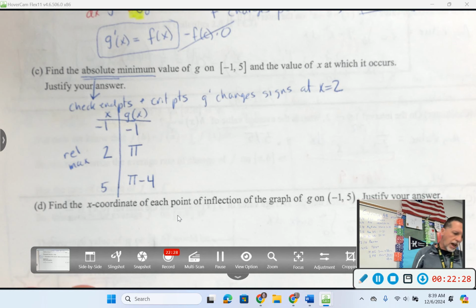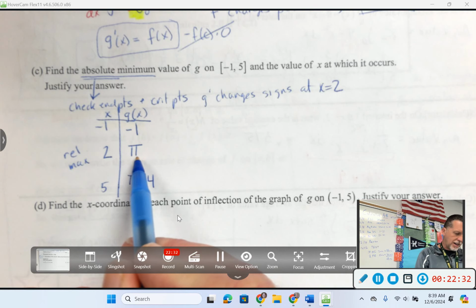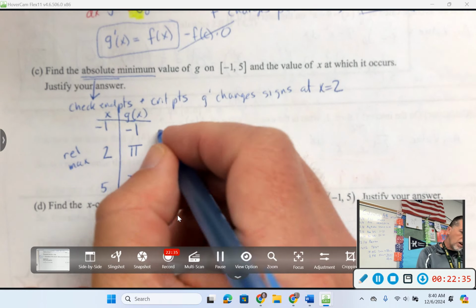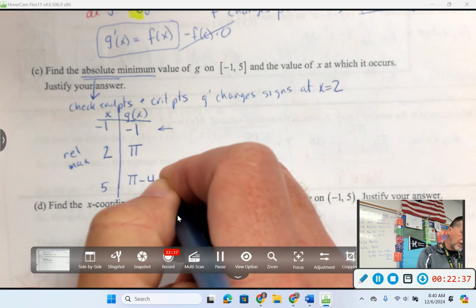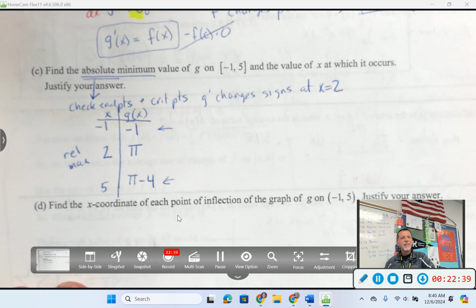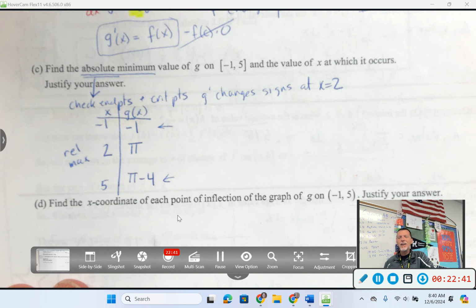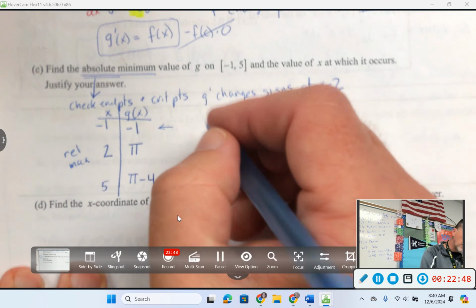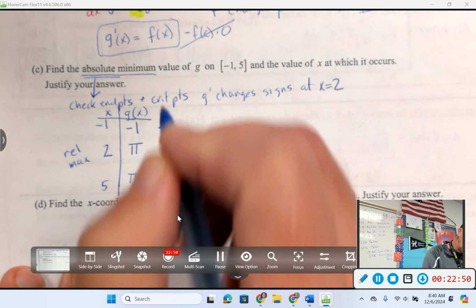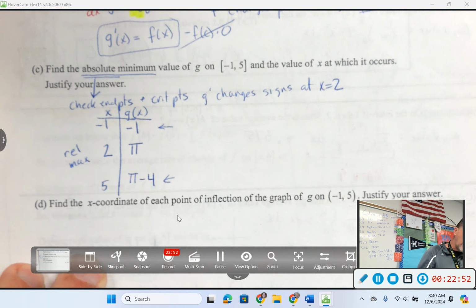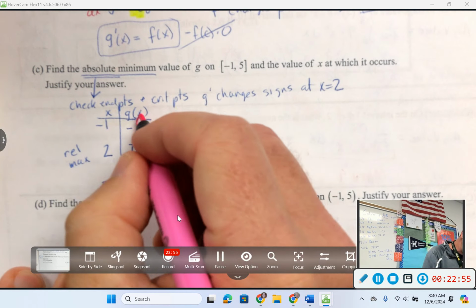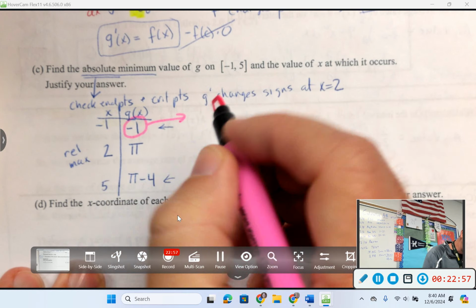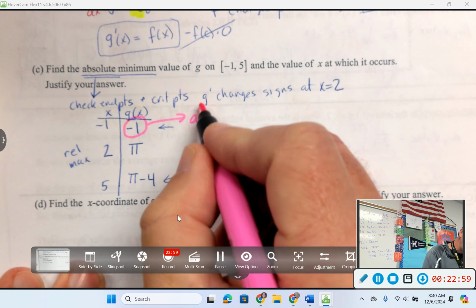So we're looking for the absolute minimum. As expected, it is definitely not at 2. Which one of these is smaller, -1 or pi minus 4? It's kind of close, but -1. Right? 3.14 minus 4 is -0.9 something. So -1 would be the... Oh, I don't like that they're both -1. That leads to a possible confusion here. So -1, the y value, is the absolute minimum.